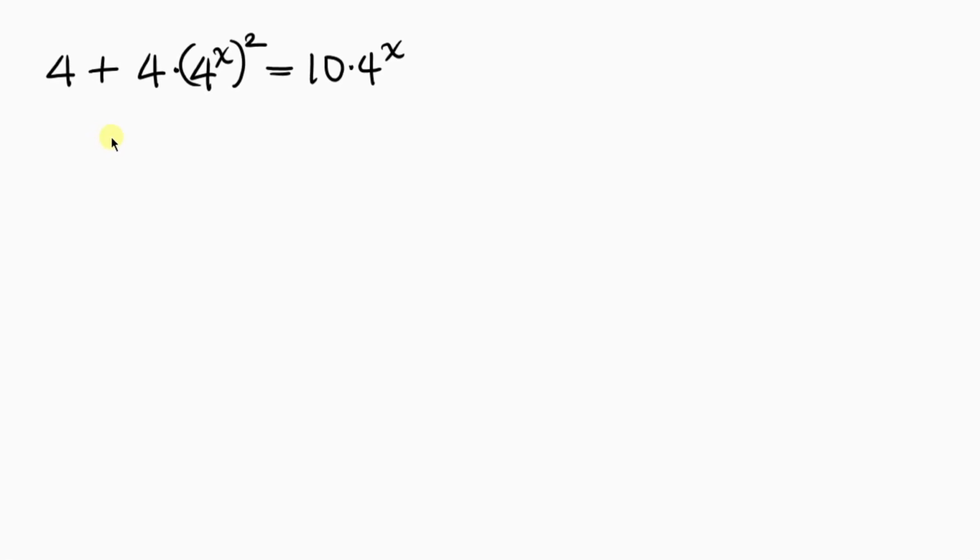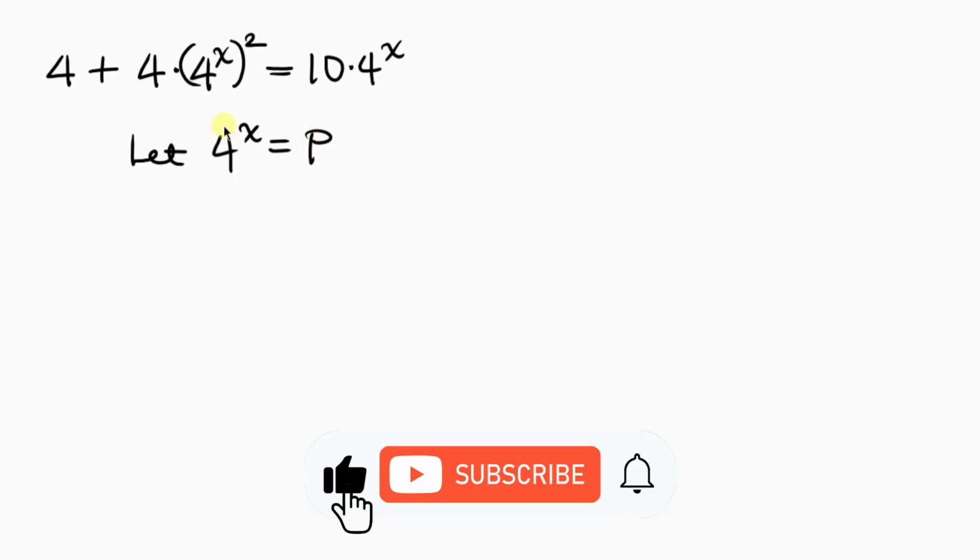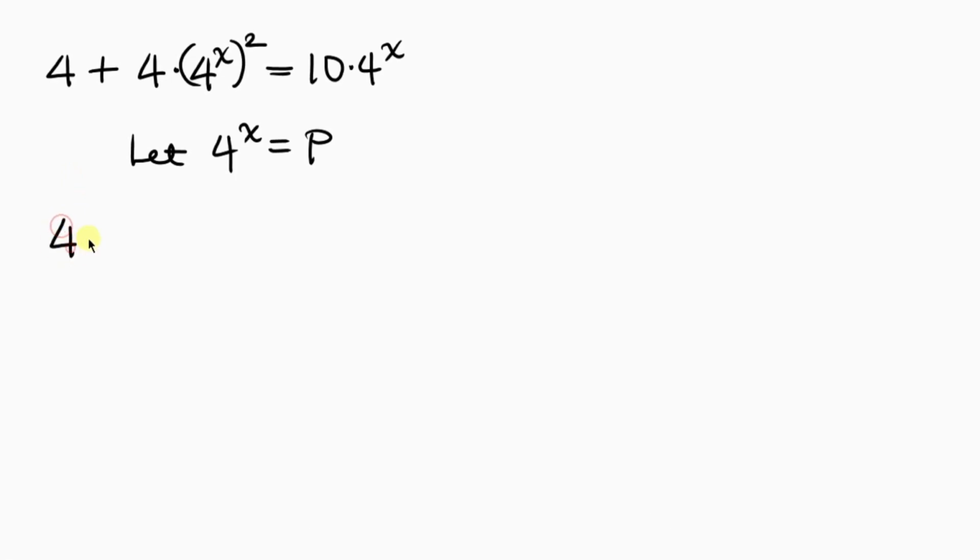But we can make it simpler when we substitute by saying, let 4 to the x be equal to p. So that means this equation can now be written as 4 plus 4 times p squared equal to 10p.